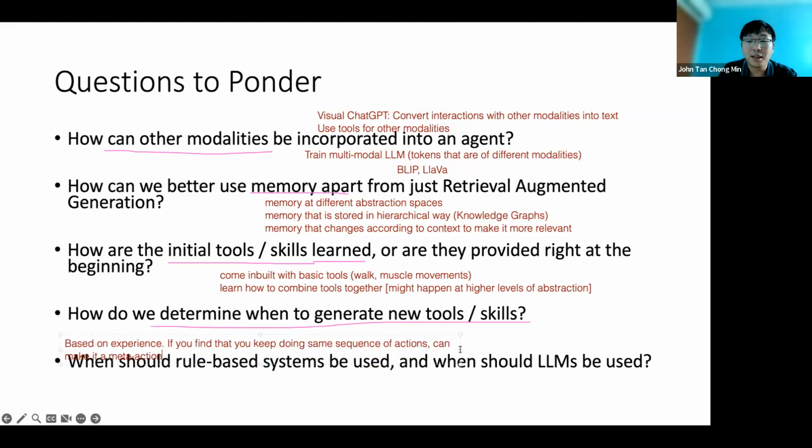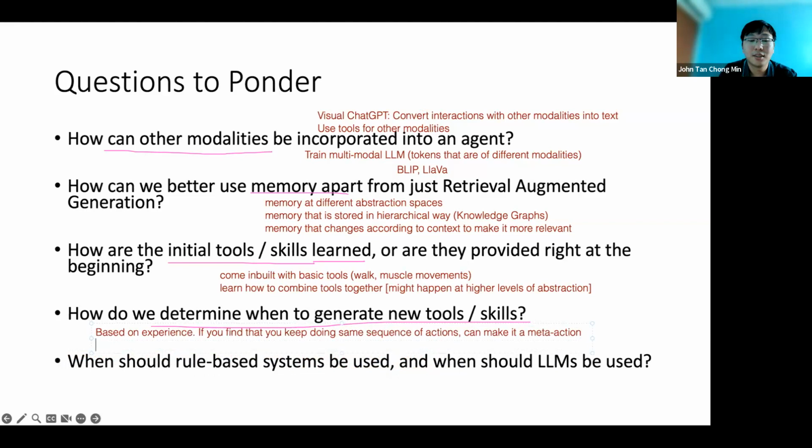Maybe this can be done as a way of reflection, with tools added or removed through reflection. If you keep using them past a certain threshold, you will add that into your database. And if a skill is not used after some threshold as well, it will be removed from your database as well.